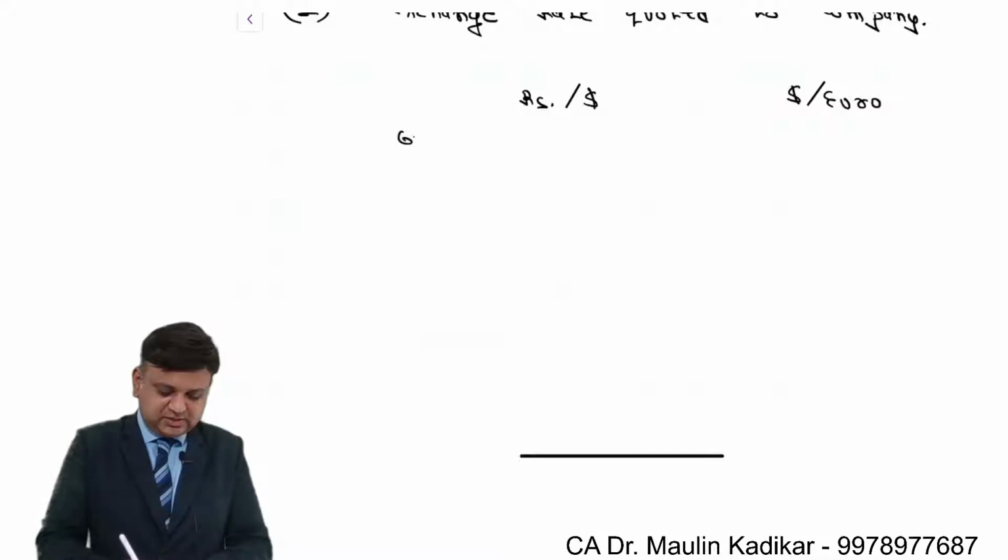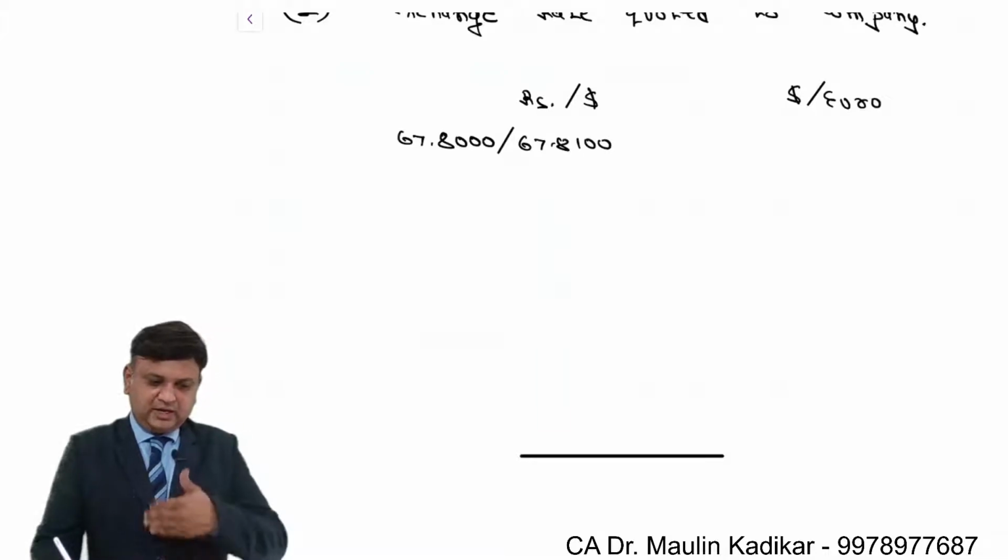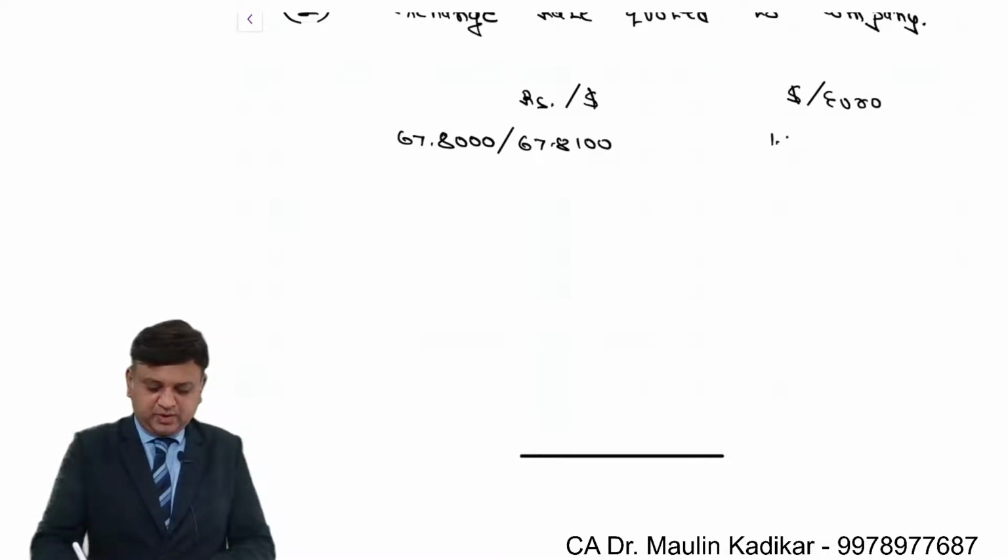Spot rate is 67.80 slash 67.81, and over there it is 1.0775 slash 1.0780.